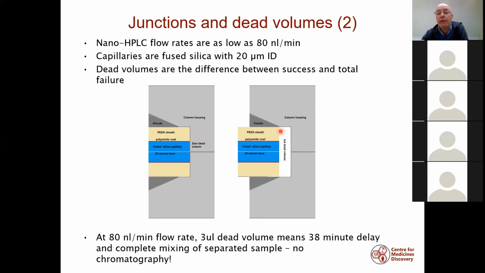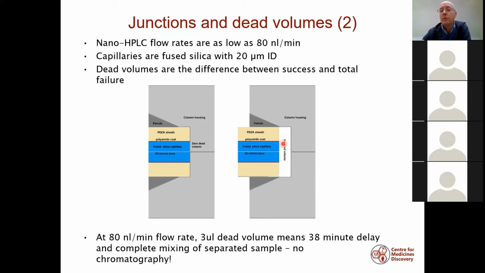However, if you have a 3 microliter dead volume here, I think you can see what happens at an 80 nanoliter flow rate. This volume will take 38 minutes to fill. And that means whatever gradient you had will be totally mixed. There will be no separation of your sample and there will be no chromatography.